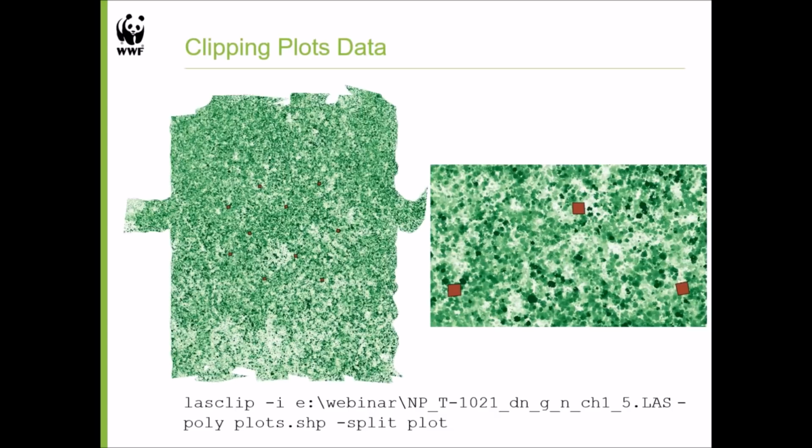Well, here's an example of a LiDAR cloud where I have plots. The plots are the small brown squares, and we flew over the whole transect, and we have the plots inside. We cover all the plots of this research.